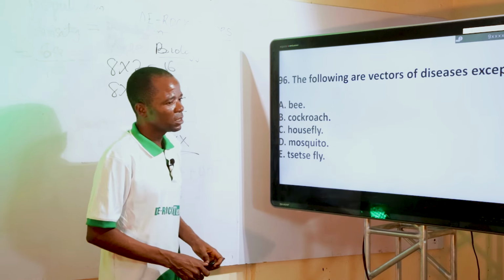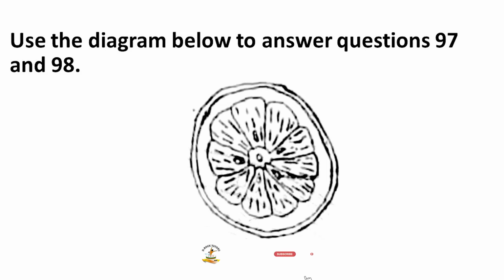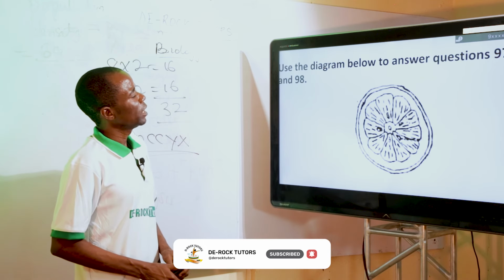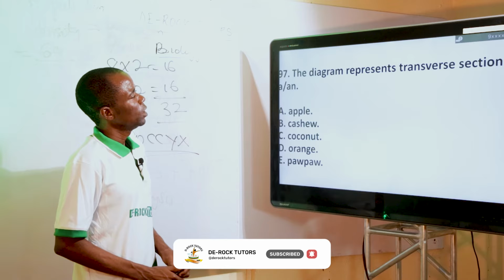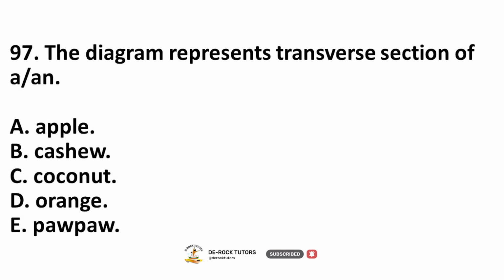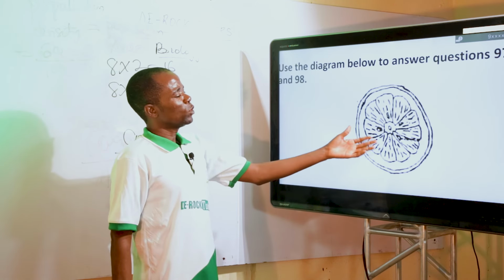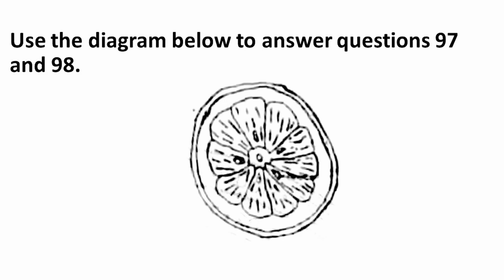Let's go to number 97. We are asked to use this diagram to answer questions 97 and 98. Let's take a look at question number 97. The diagram represents a transverse section of a or an. Let's look at the diagram again. By merely looking at this, we can see this is a section of an orange.